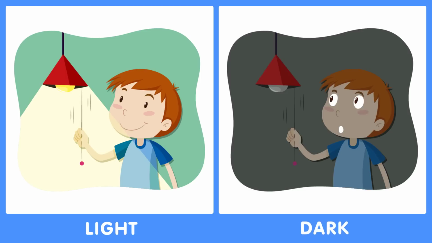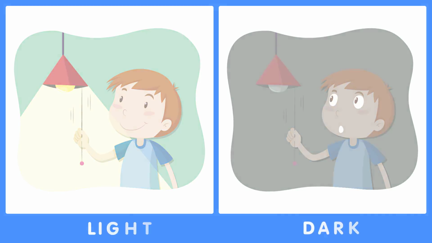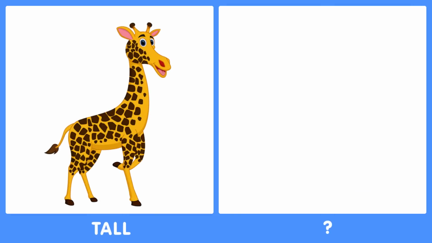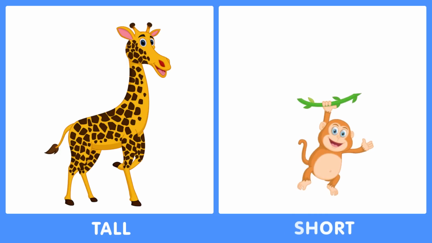The opposite of light is dark. The next word is tall. The opposite of tall is short.